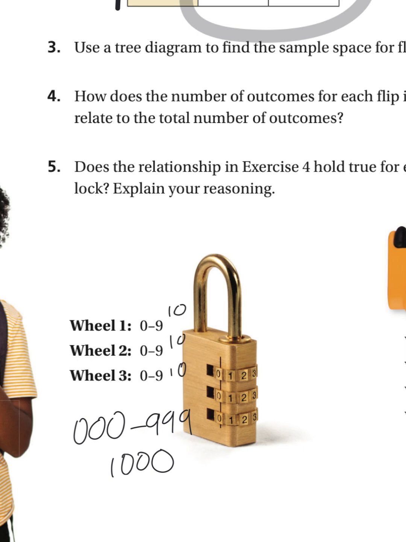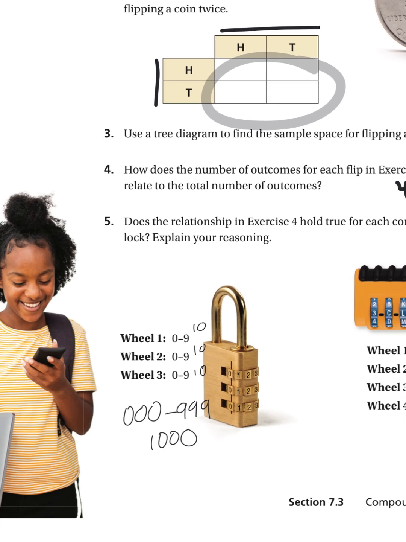So yes, the relationship in exercise 4 does hold true. If I have 2 different experiments, and I'm doing them both at once, I can take the number of outcomes for both experiments, multiply them, and get my total outcomes for the compound experiment.